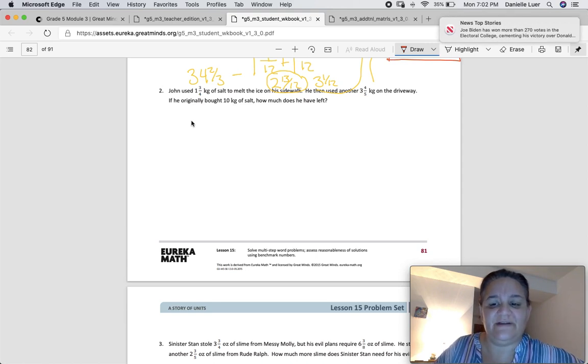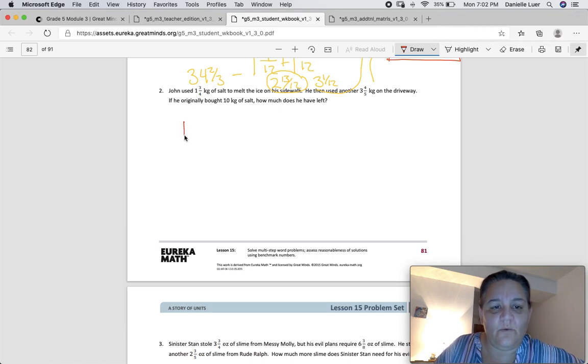Okay, so let's try to figure this out. He had 1 3/4 on the sidewalk, and then he used another 3 4/5 on the driveway. Okay, see, this pen looks like a 9, but it's only a 4.